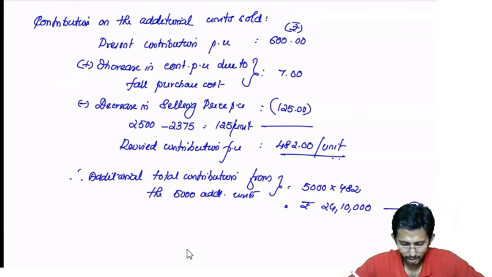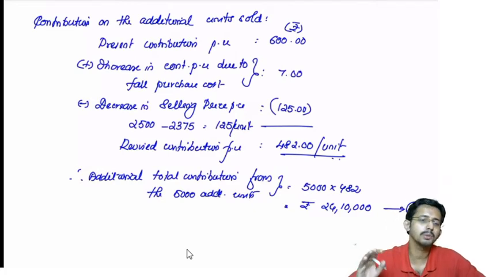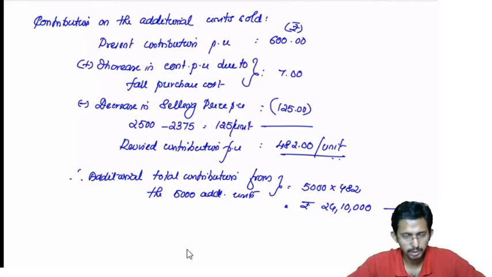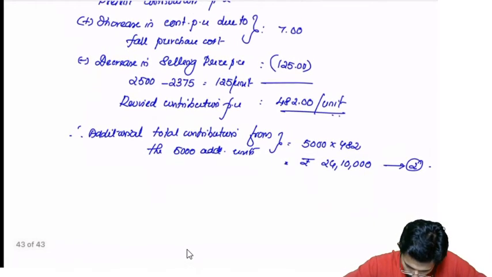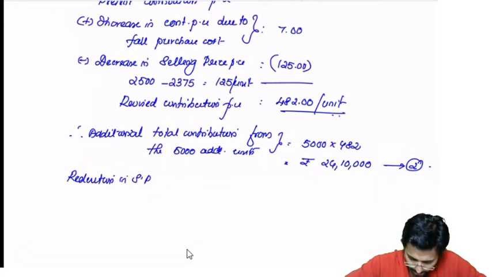Now there is one problem. What is the problem? When the selling price is reduced, the selling price will reduce not only for this additional 5,000, it will reduce for all the units. So that is a loss of contribution, loss of existing contribution, which is an outflow. So reduction in selling price per unit is equal to 125.